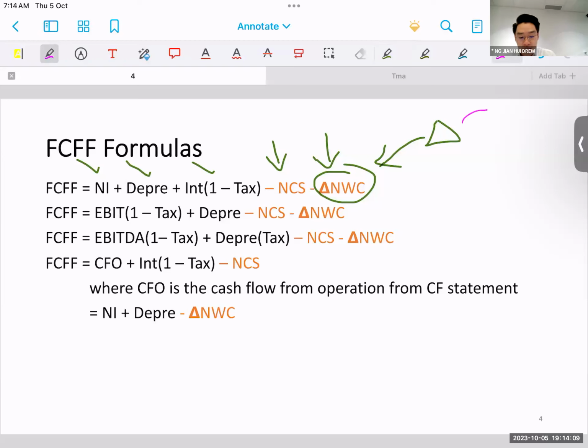What is the difference between the years, let's say 2023 minus the net working capital of 2022? So it's the change in net working capital. All right. Anyone have any questions regarding this? I want to repeat again, it is the change in net working capital.